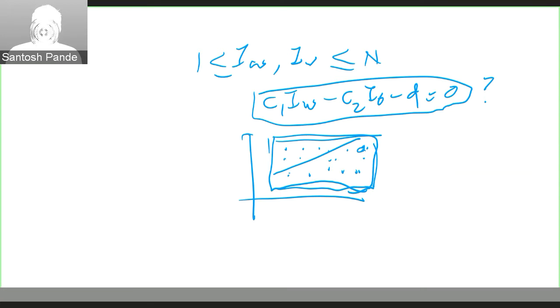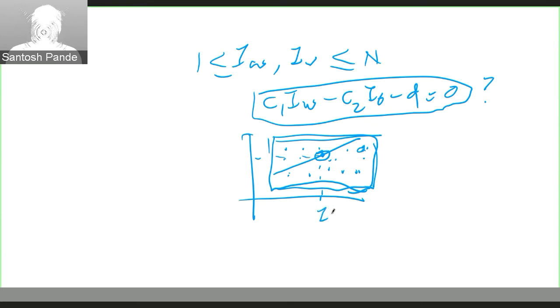So this particular line, the question that we ask ourselves is, does it have an integer solution? In other words, does it intersect an integral point in this space?